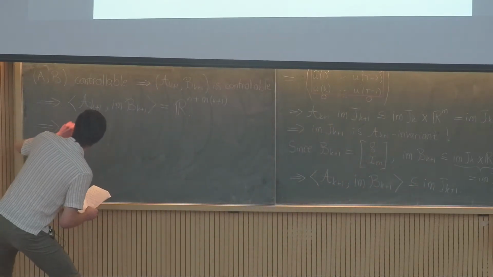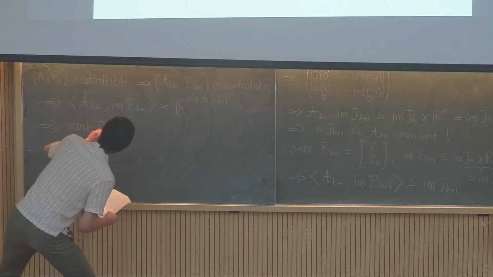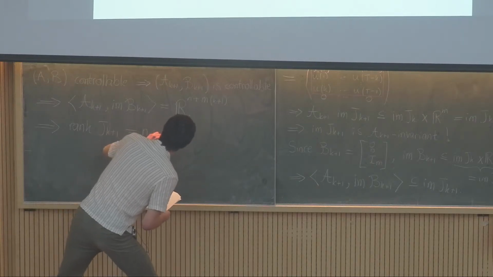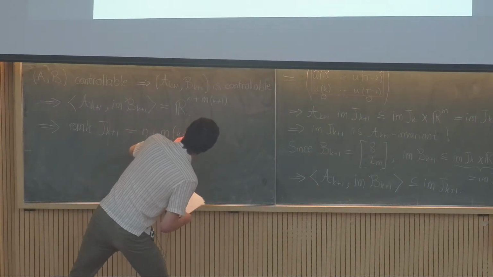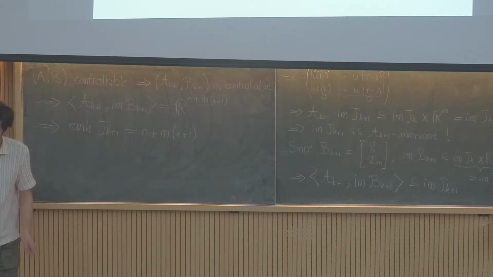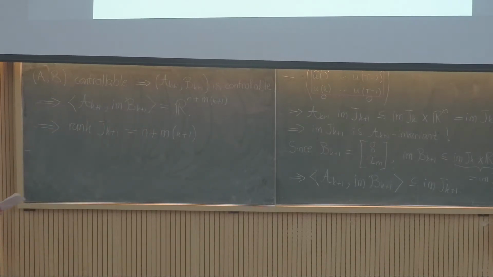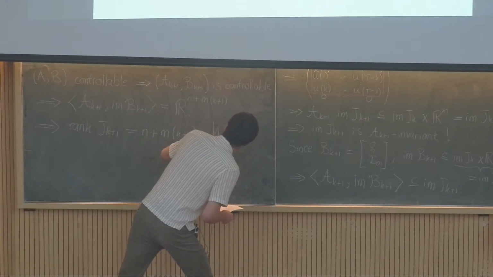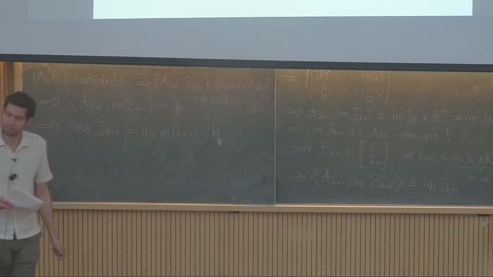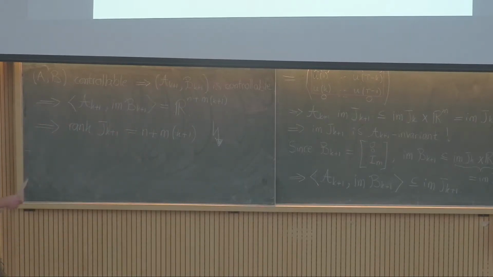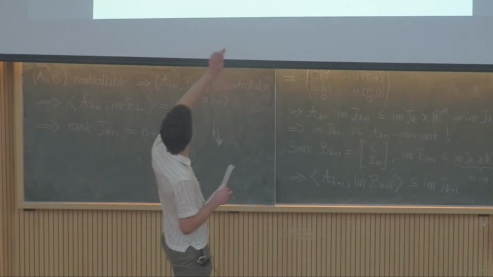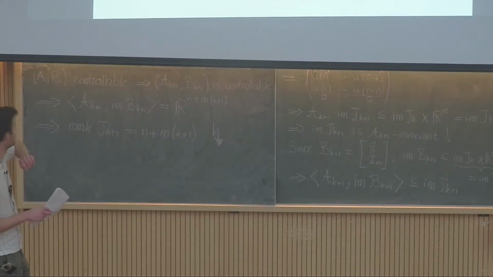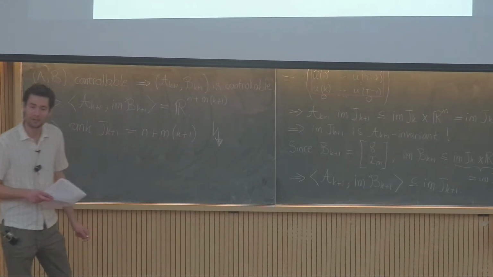So then the rank of JK plus 1 must be equal to n plus m times k plus 1. But that's a contradiction. That's a contradiction because by our claim, the rank of JK plus 1 must be strictly less than this number over here.